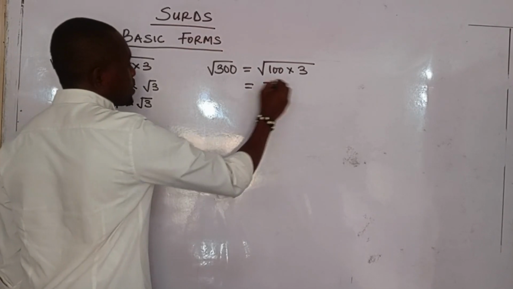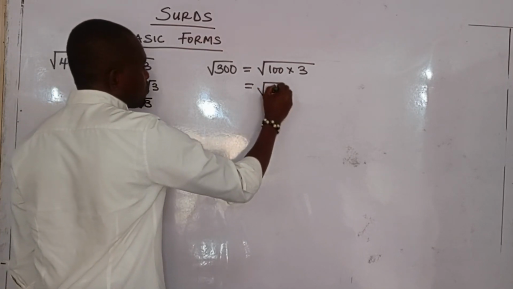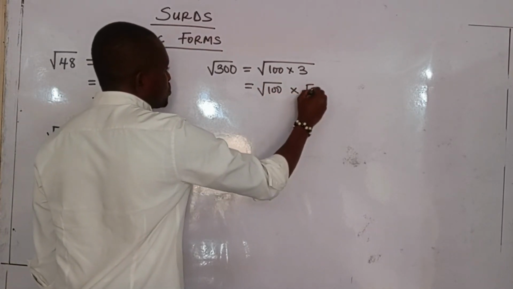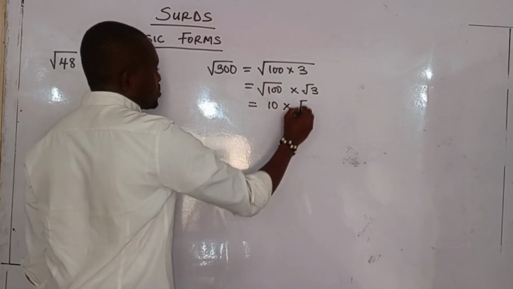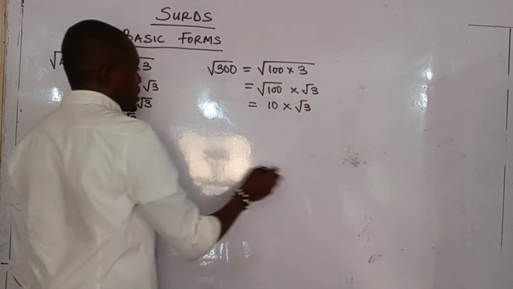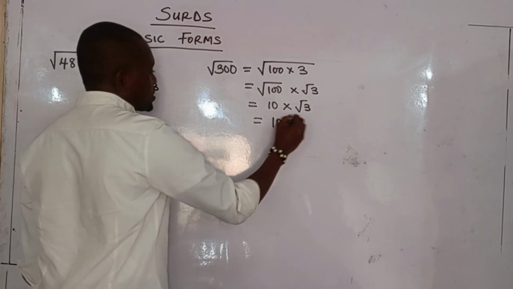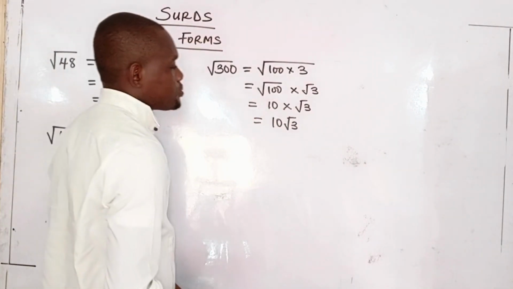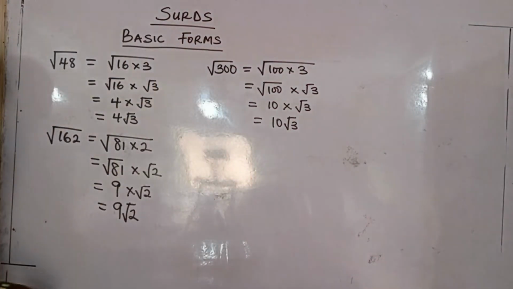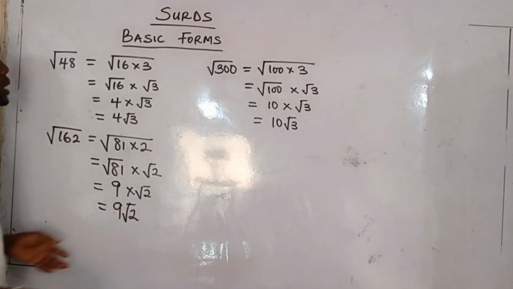If we go further, we are going to have root of 100 times root of 3. Now the root of 100 is 10. Then root of 3 remains the same. So our answer is 10 root 3. So this is how you express surds in their basic form.